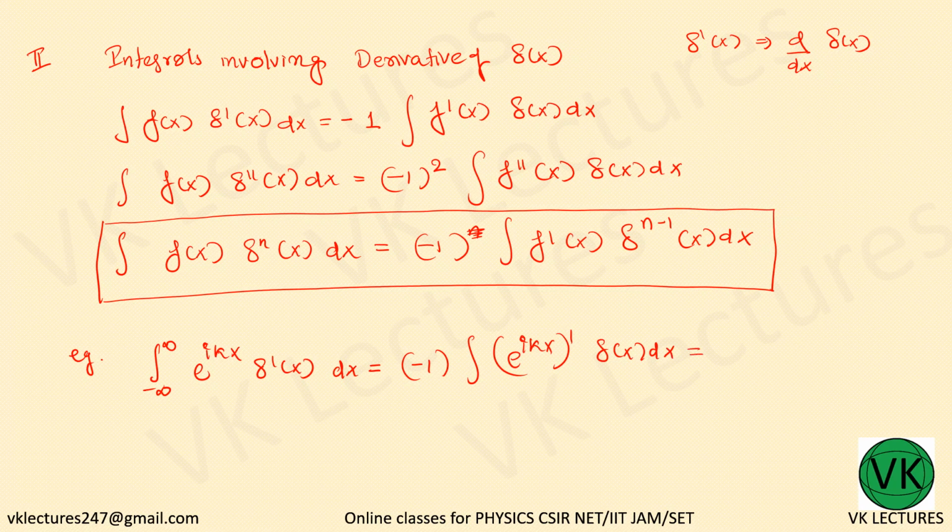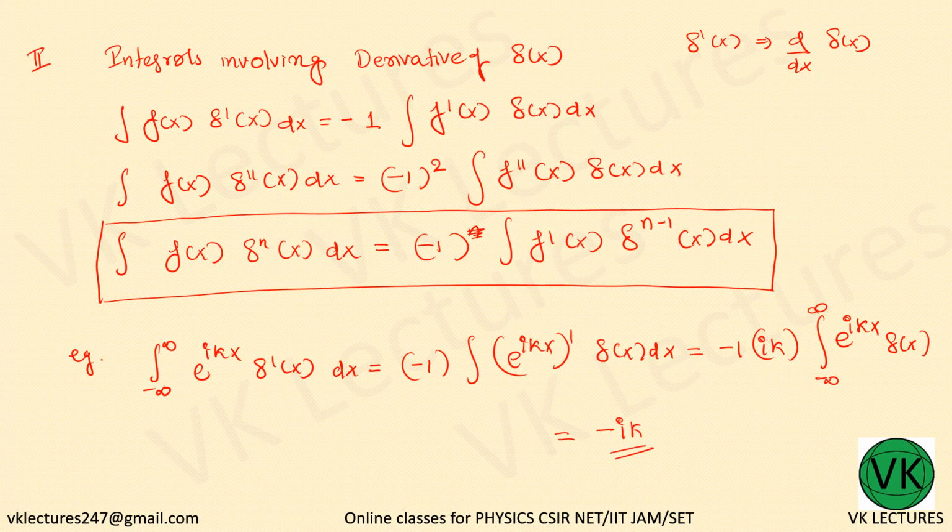The derivative of e to the power ikx is e to the power ikx into ik, so ik comes out. Delta of x has its center at 0, so put x equal to 0 in this function. E to the power 0 is 1, so that is equal to minus ik.